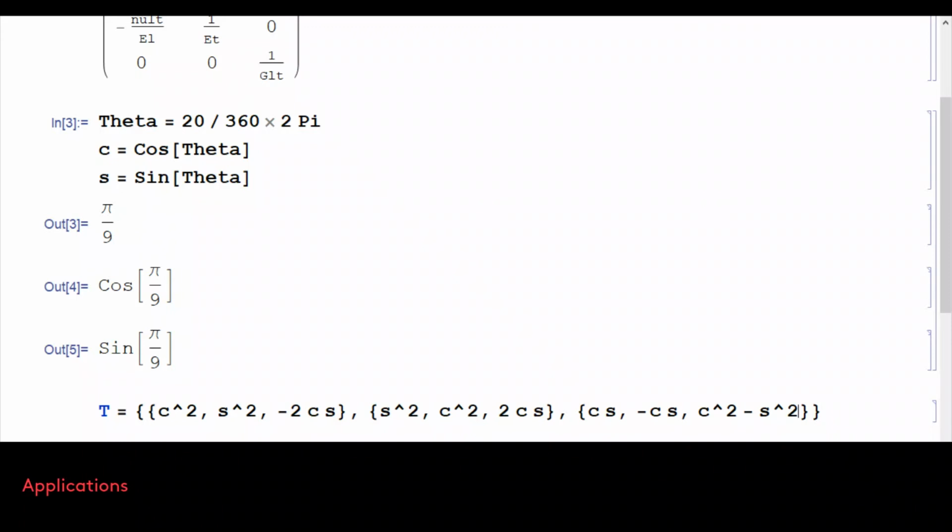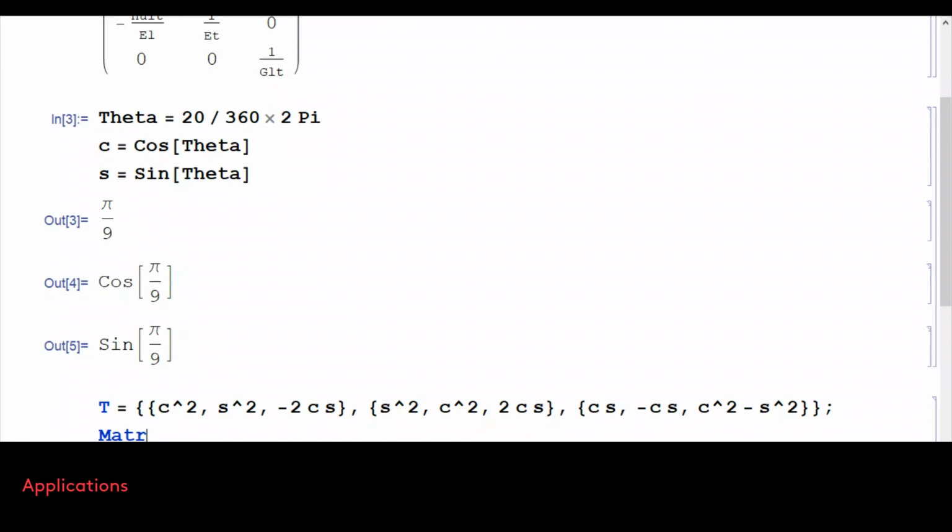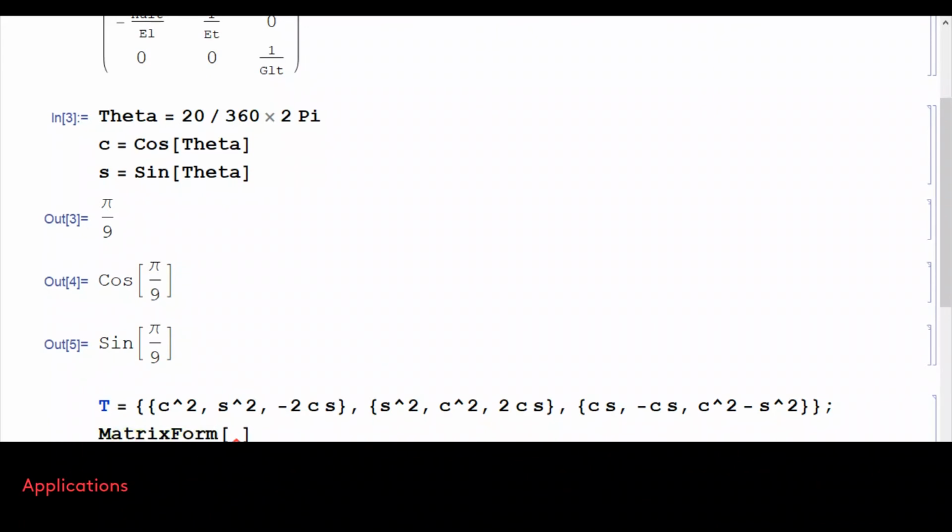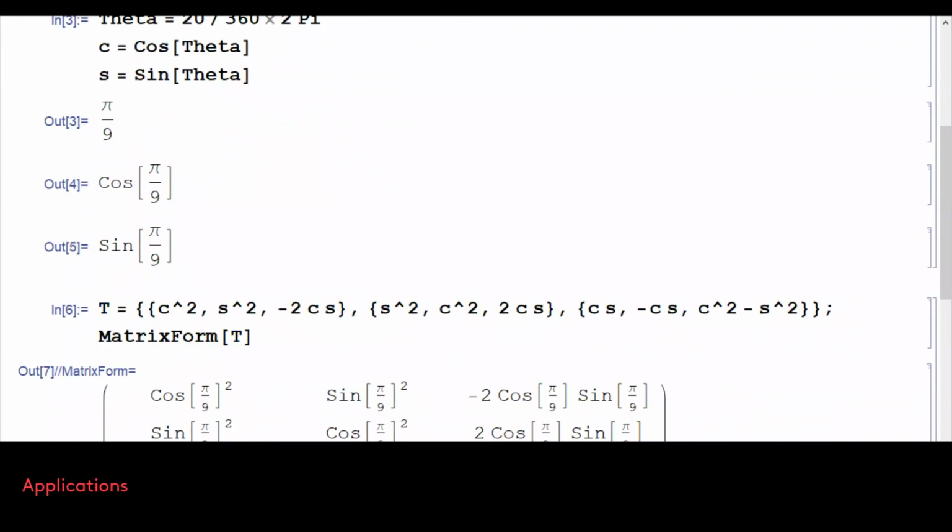Okay, so this is my transformation matrix. Let's look at it in matrix form. So this is my transformation matrix.